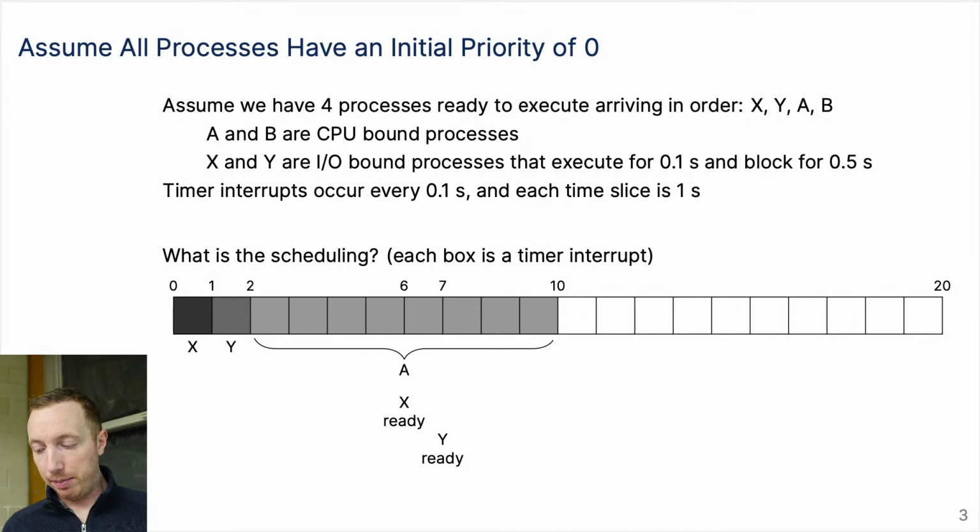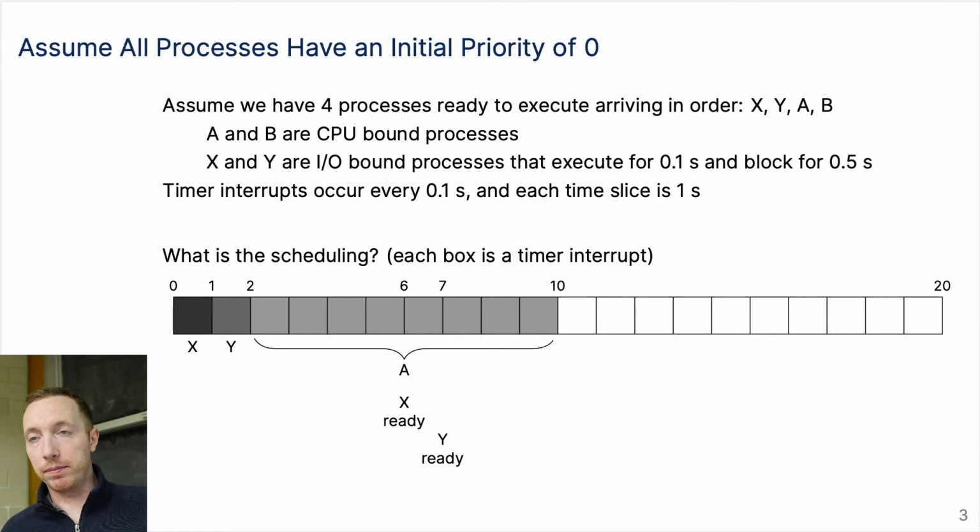And then Y became ready at 7, but we didn't switch to it because, again, everything has the same priority at that point. So A would stay there until the end of the time slice, which is 10 of these boxes. Every 10 timer interrupts, we get to recompute the priorities, and that could change our scheduling decision.